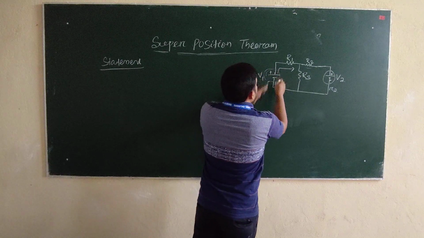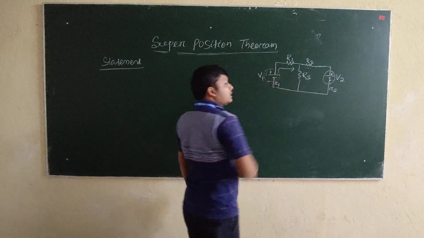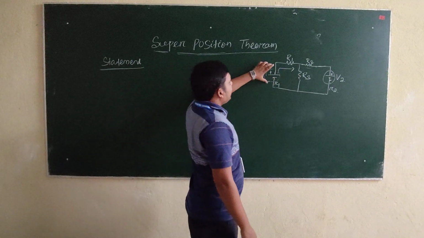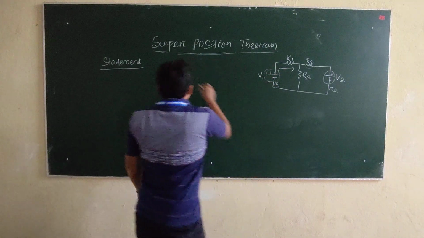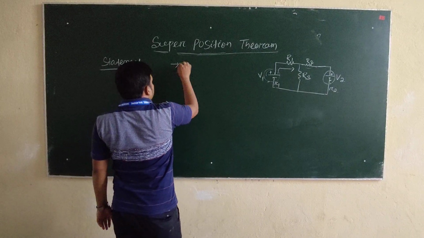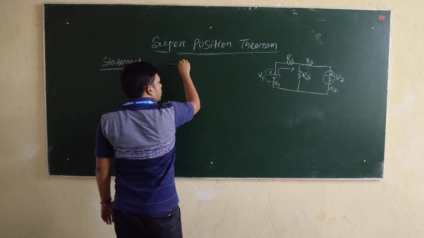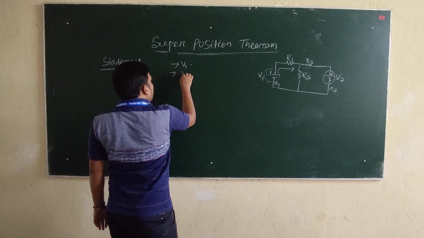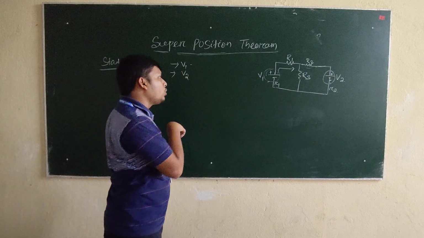This source can be replaced by only the resistance small r1. First we consider the V1 source, secondly we consider the source V2.